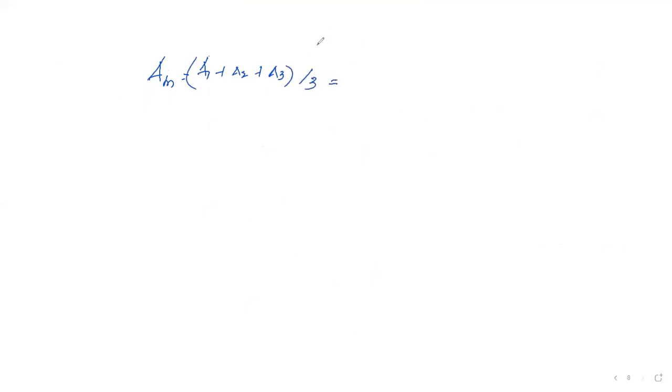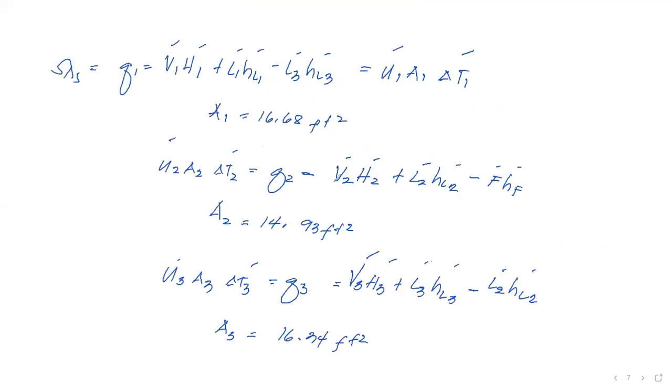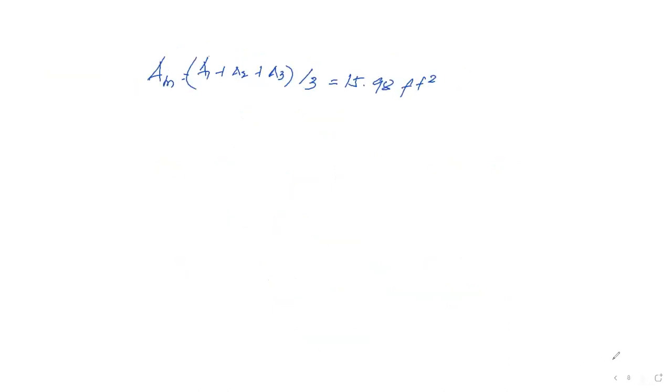The mean area that you'll be computing is 15.98 square feet. If you compute the error of 16.68, 14.93, and 16.34 from this mean area, it will not exceed 10%.